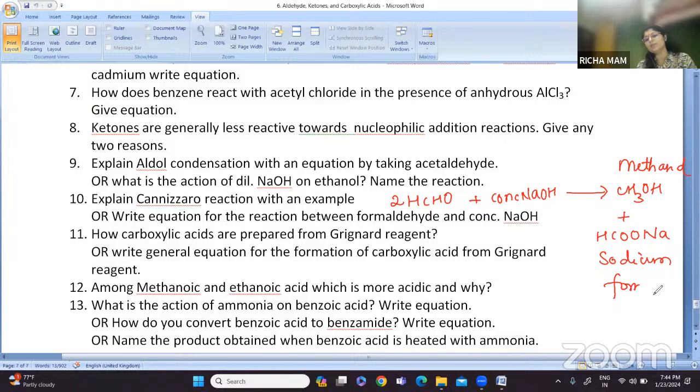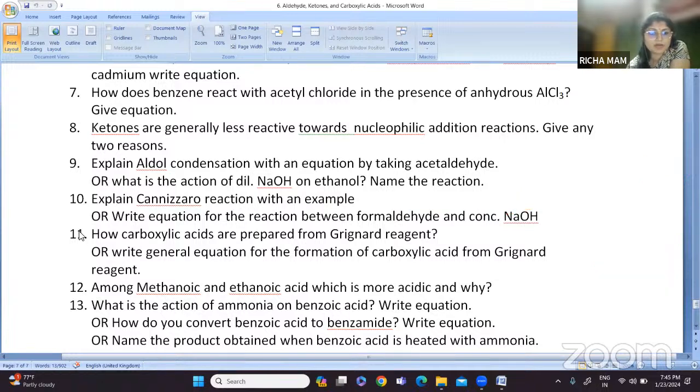Understood? The other question asked is to write the equation for the reaction between formaldehyde and concentrated NaOH. So formaldehyde reacts with concentrated NaOH to give methanol and sodium formate. This equation is the Cannizzaro reaction. This is the way it is asked. Fine. Next question.